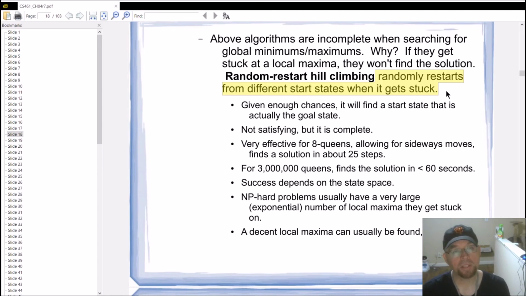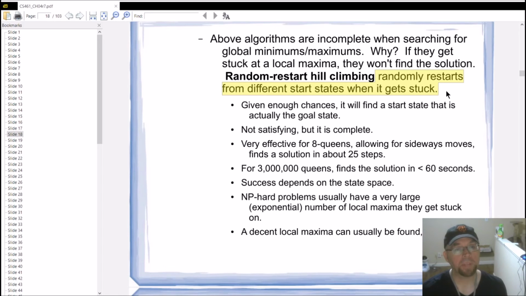Okay. So if you give it enough chances to do that, say, okay, I'm going to run you 5 times, find the best that you can, and we'll keep the best state out of those 5. Right? Once you hit a place where you can't continue on, we'll note that state, we'll note that score, and then we'll randomly generate another starting node for you, another initial state, and then run you again.